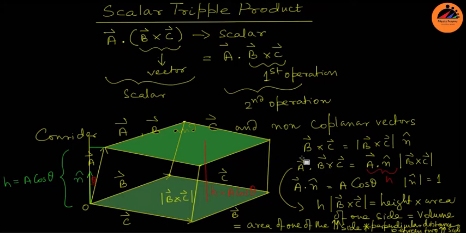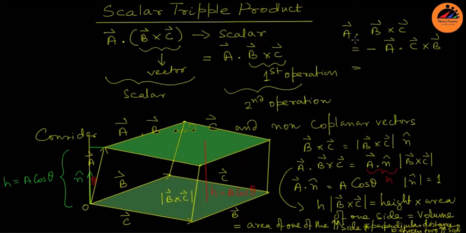I tell you, A dot B cross C is actually minus of A dot C cross B. Only if you change the order of the cross product, you will get a negative sign.